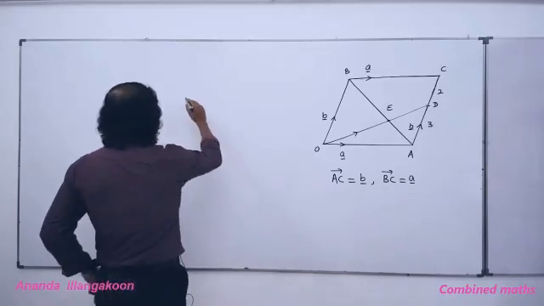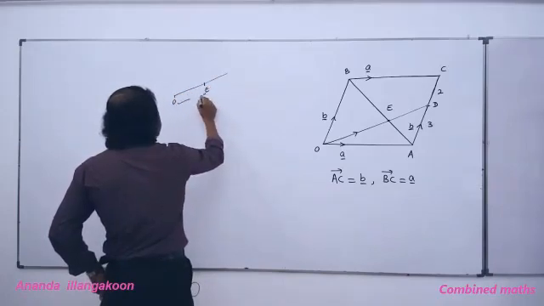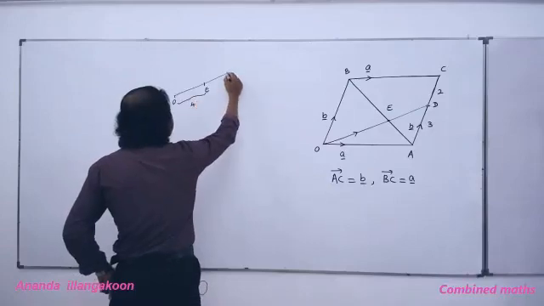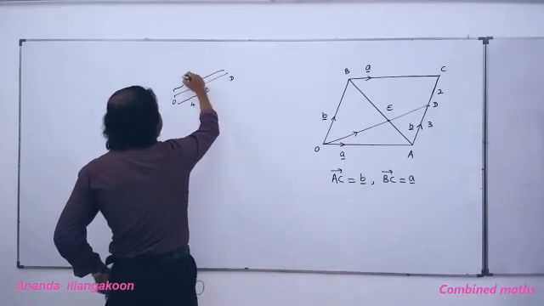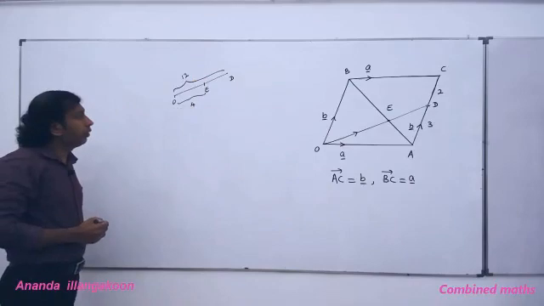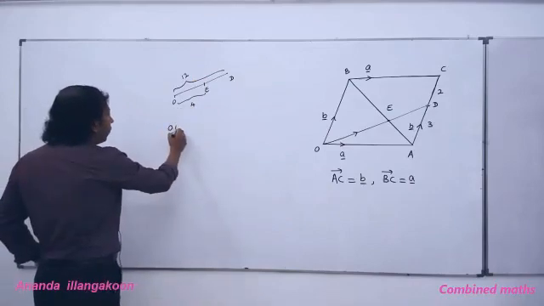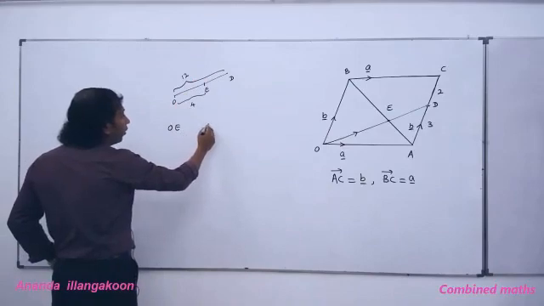Now, for example, suppose the actual length of OE is 4 units and the actual length of OD is 12 units. Then you can write the OE length as the OD length divided by 3.